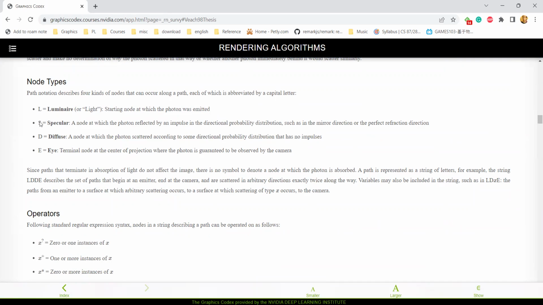So L, S, D, E is I. D is diffuse, specular, luminary, which is light. Interesting. It separates it from specular and diffuse.